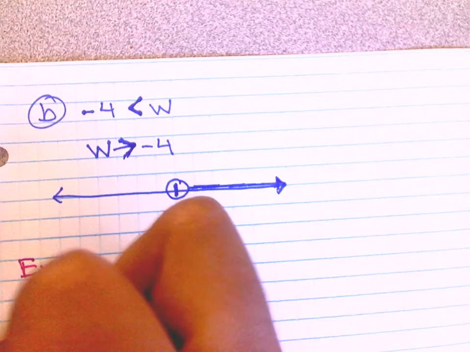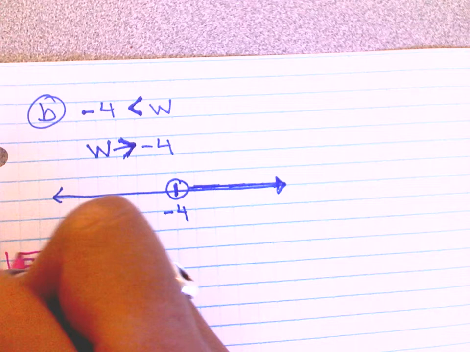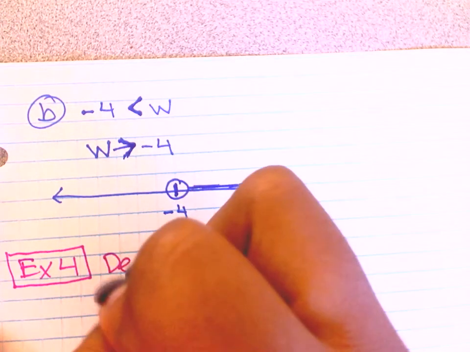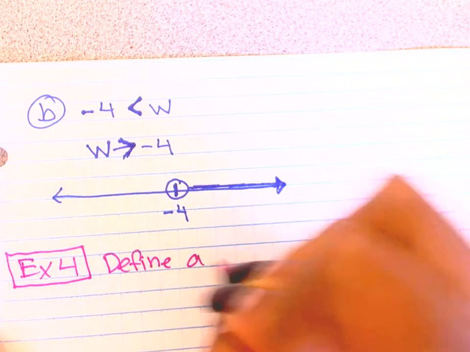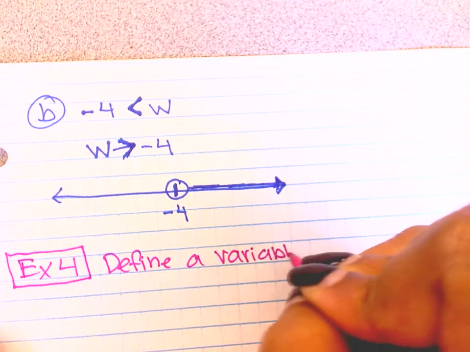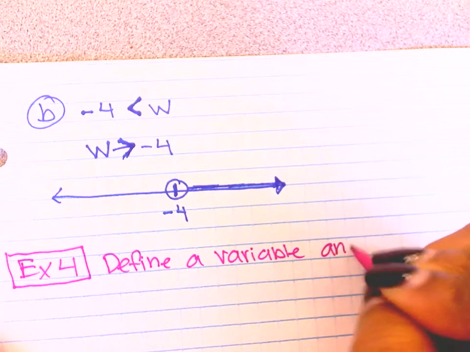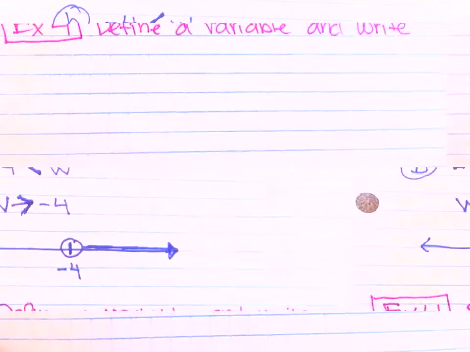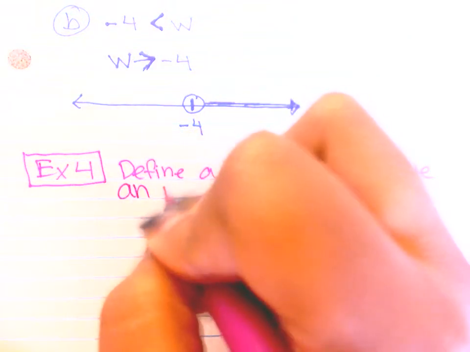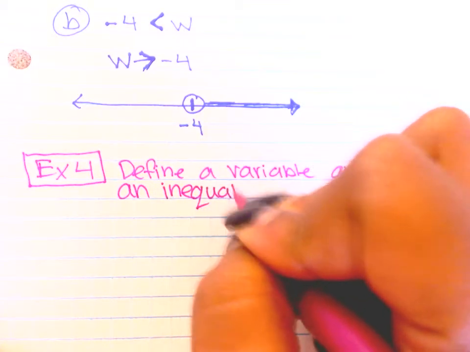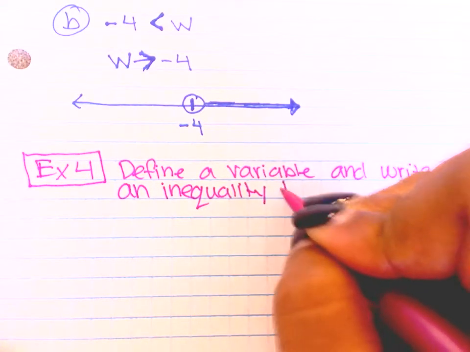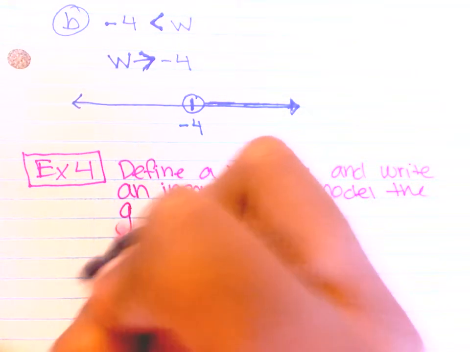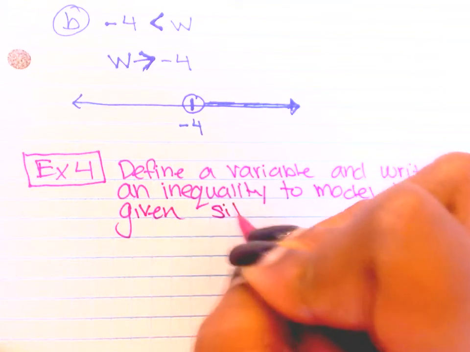Example 4. It says define a variable. That means find the variable x, if you want it to be, and write an inequality to model the given situation.